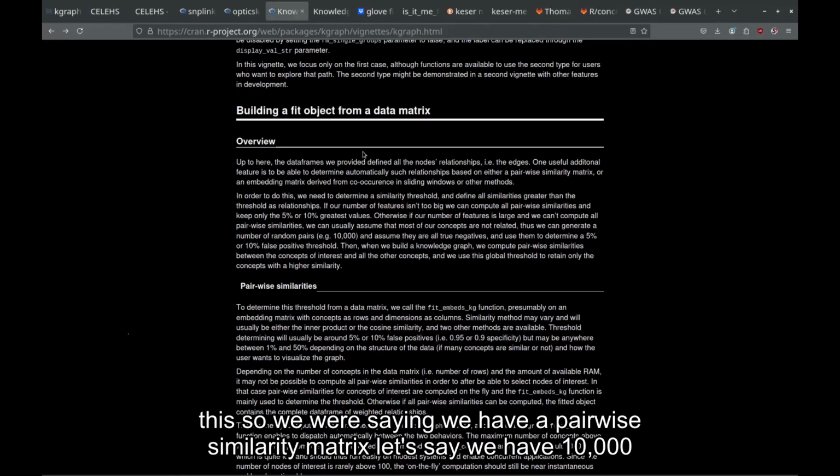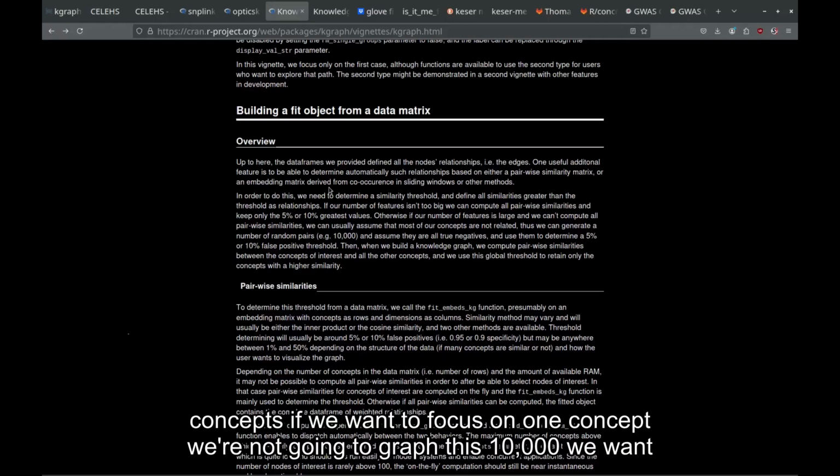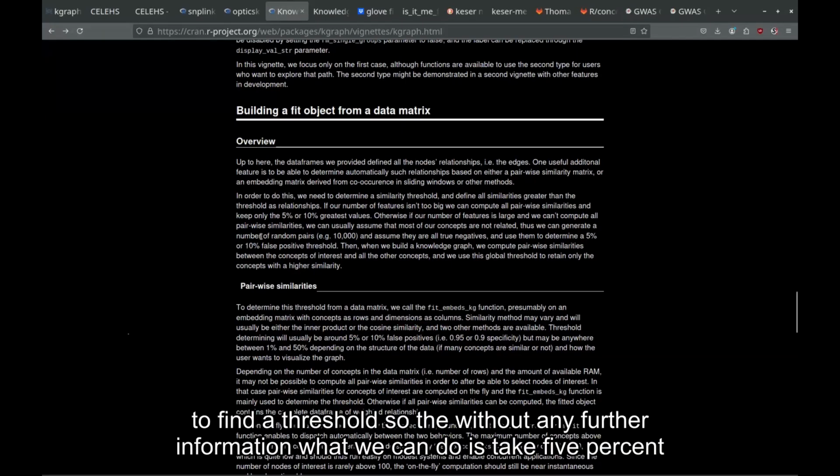So we were saying we have a pairwise similarity matrix. Let's say we have 10,000 concepts. If we want to focus on one concept, we're not going to graph all 10,000. We want to find a threshold. Without any further information, what we can do is take 5%.